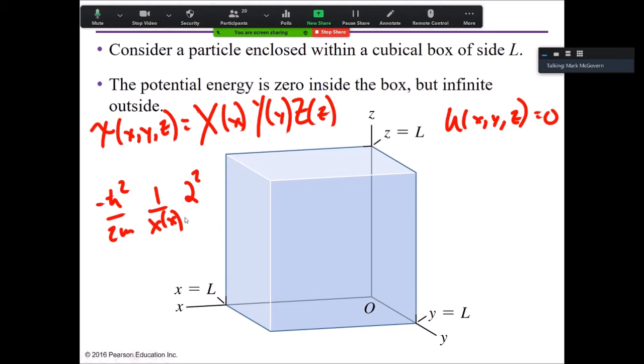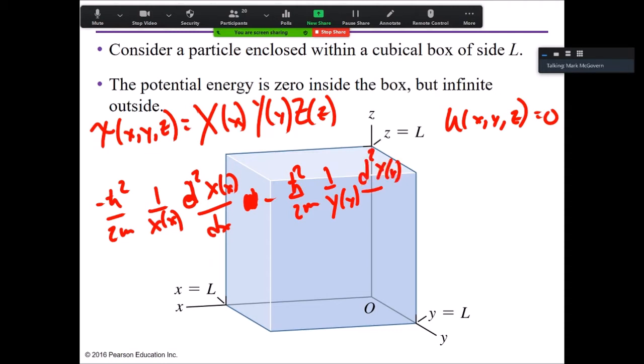So I'll write it as d squared X over dx squared. And then we'll have another one: minus h bar squared over 2m, times one over Y, times d squared Y over dy squared, and so on.